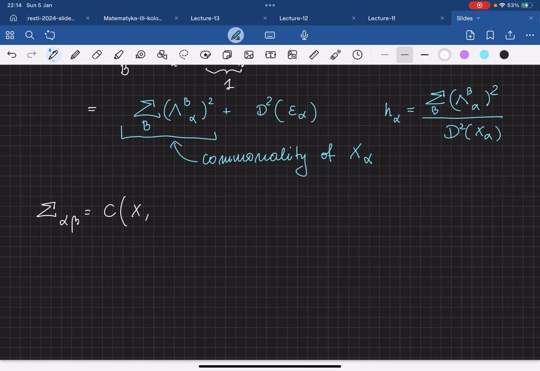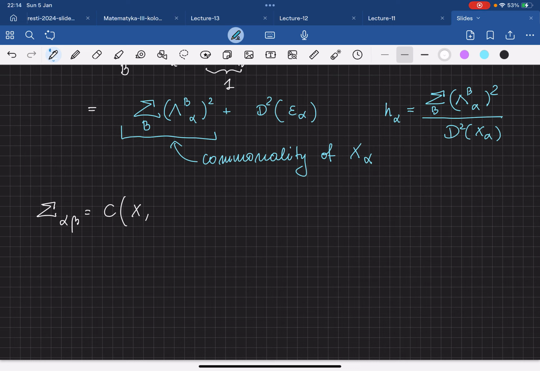And again, according to the model, we can put x alpha as a combination of factors and errors, the same for x beta. So the sigma alpha beta is the correlation between, we forget mu's because they do not influence the correlation.